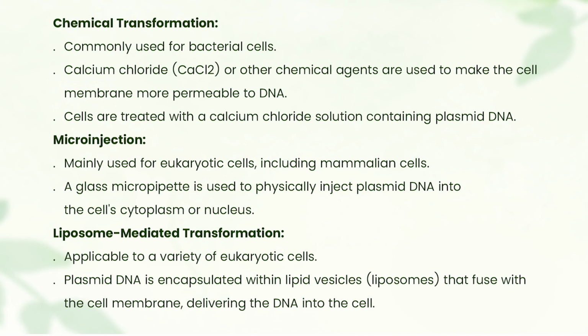A glass micropipette is used to physically inject plasmid DNA into the cell's cytoplasm or nucleus. In liposome mediated transformation, applicable to a variety of eukaryotic cells, plasmid DNA is encapsulated within lipid vesicles, that is liposomes, that fuse with the cell membrane, delivering the DNA into the cell.